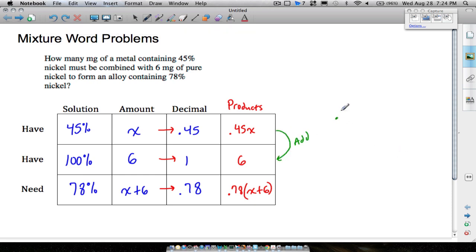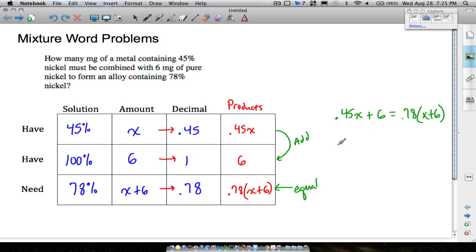Therefore, that equation looks like this: 0.45x plus 6. We add these 2 things together, and we want it to equal what we need. We need the 78% solution. We set this expression equal to 0.78 times x plus 6. And now it's just about solving this equation.